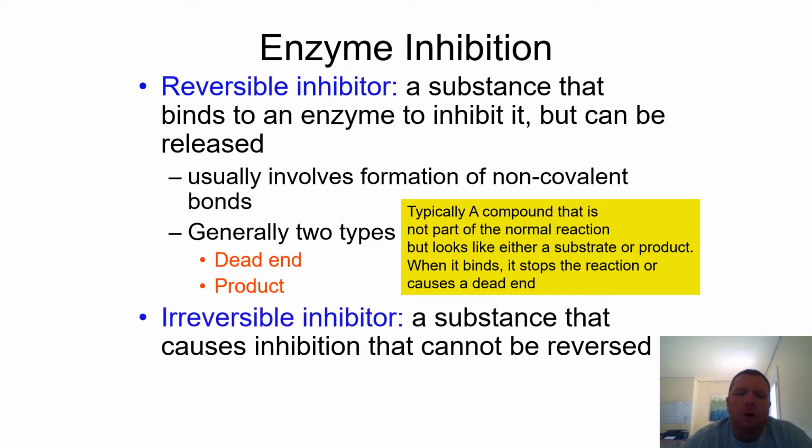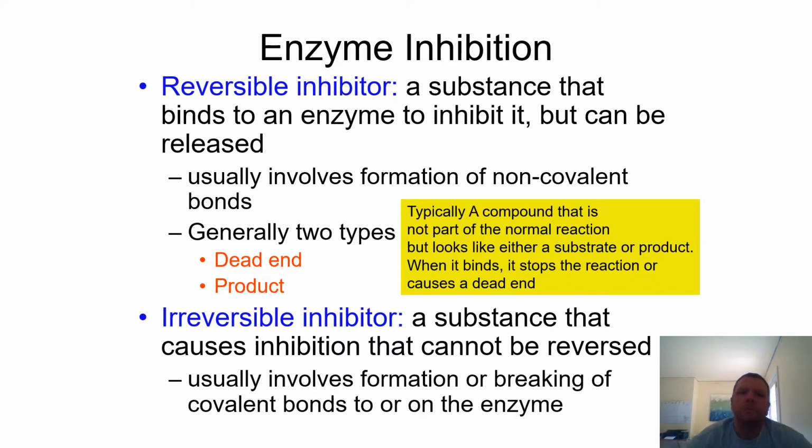Okay, so the alternative type of inhibition is an irreversible inhibitor. That is a substance that causes inhibition that cannot be reversed. Counter to your reversible inhibitor, this involves the formation or breaking of covalent bonds.